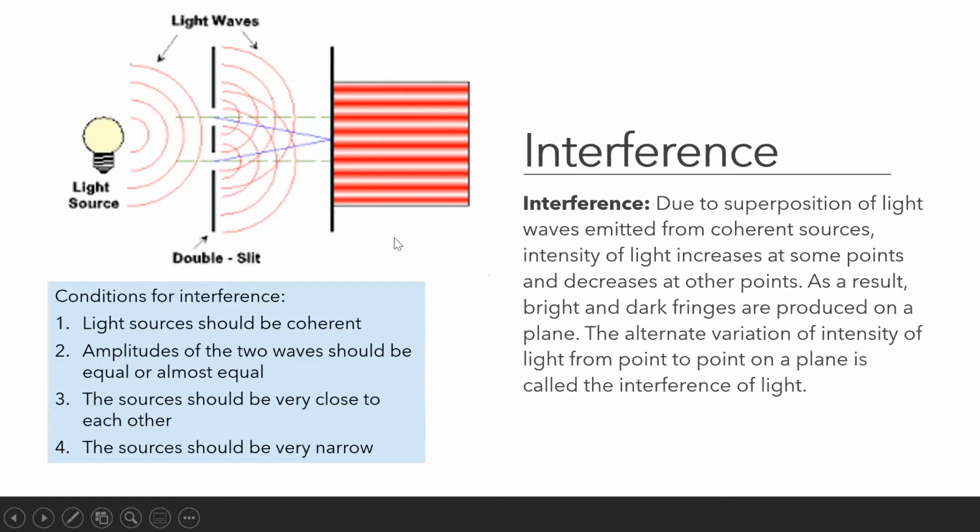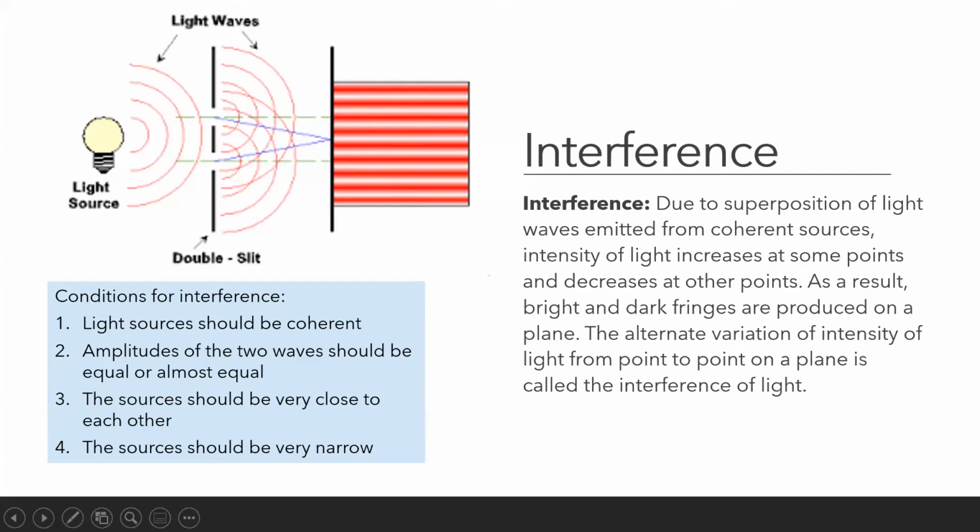So when two light rays from coherent sources superpose, what we can see is dark and bright fringes, or alternate variation of intensity of light. And see, they are almost equally spaced, right? You can see equally spaced dark and bright fringes.